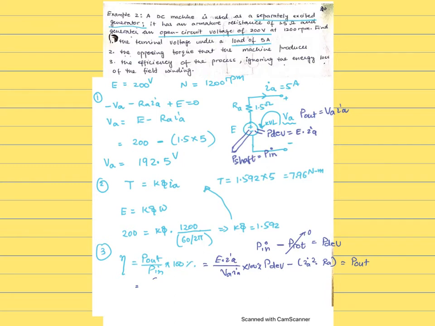Sorry, output. Yeah, I just made a mistake writing in here. In writing, P output is actually VAIA, and the developed power is E times IA. So that's 192.5 times 5 over 200 times 5, and that gives you an approximate number of 96.25%, I believe.